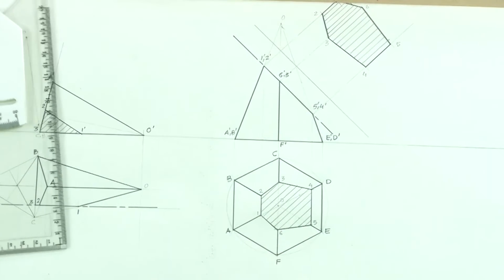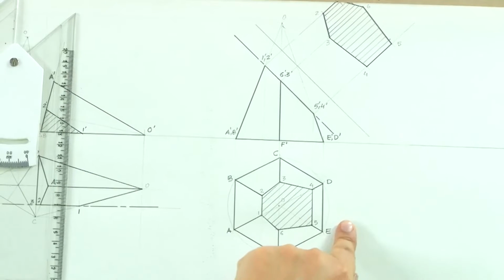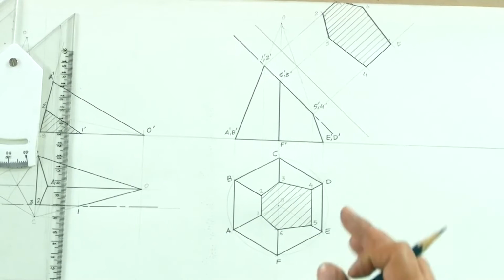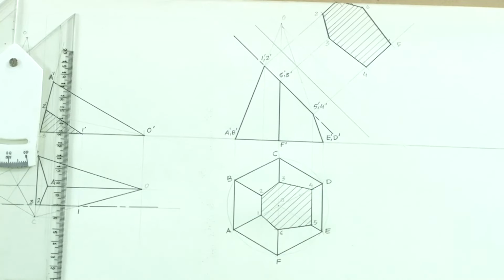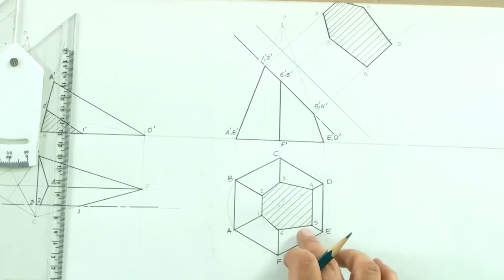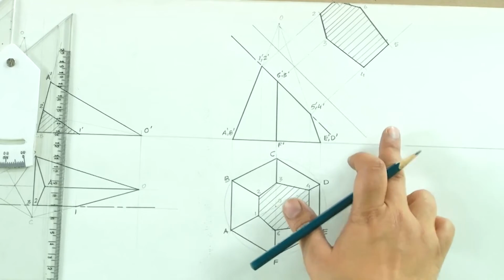This is when the section plane is perpendicular to VP and inclined to HP. There is one more condition, which is the last condition, when the section plane is inclined to HP, inclined to VP, making a certain angle with the VP.